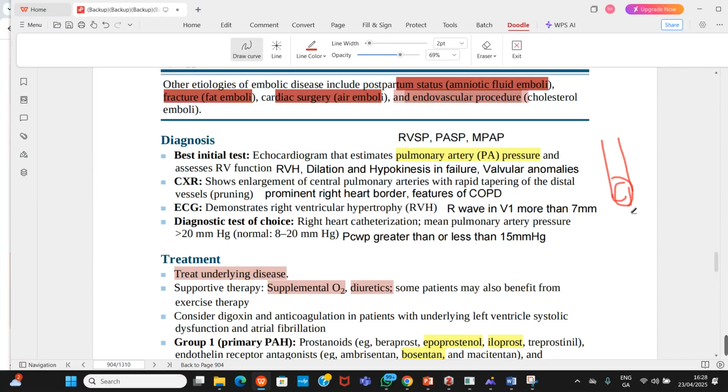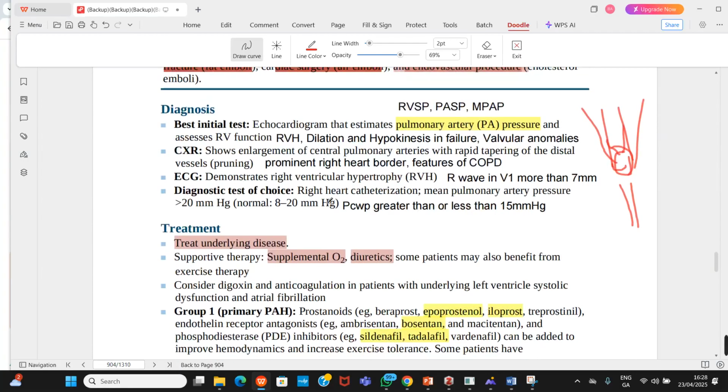So how do we make the diagnosis? The first thing is to do an echo, but echo will not really help us much. Echo can show the increased pulmonary arterial pressure and right ventricular dilatation. If you do a chest X-ray, there's going to be enlargement of the central pulmonary artery, because if there is hypertension in the vessel, the pressure is too much.